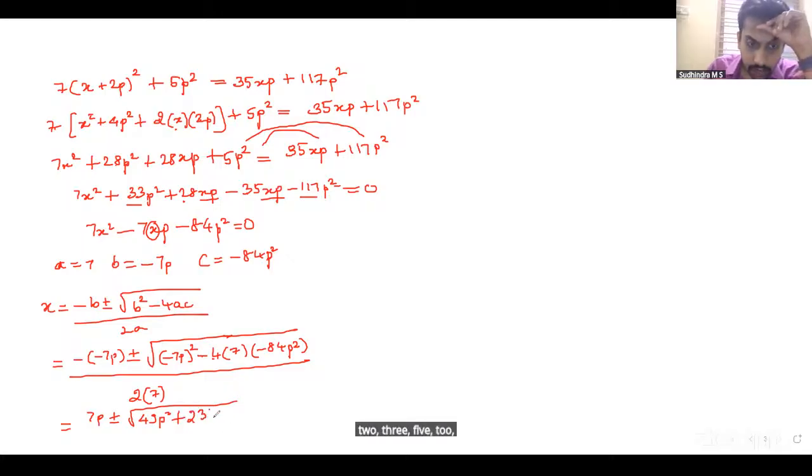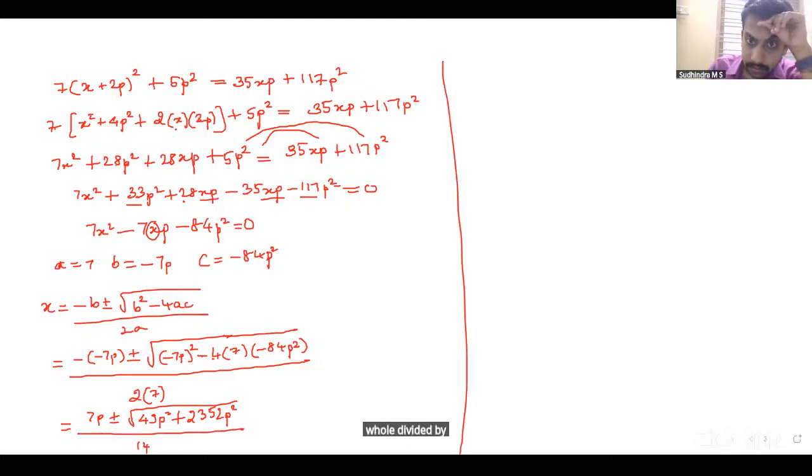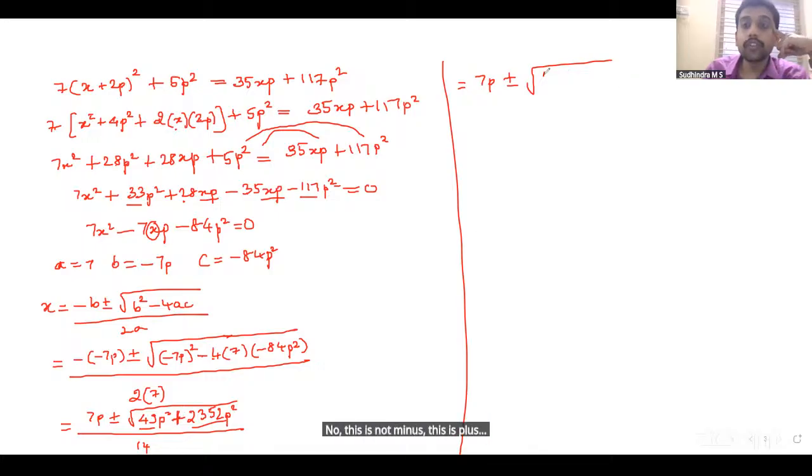Very good. 2352p square whole divided by 14. 7p plus or minus root of... What is this? 2303? 2401. This is not minus, this is plus. Correct. 2401p square divided by 14.